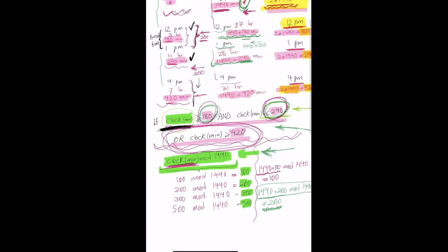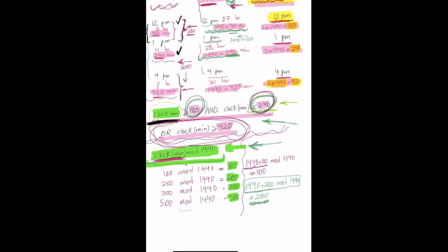So this mod 1440 that I wrote here, this 1440 is equivalent to 24 hours in minutes, right? If I multiply 24 by 60, that's 1440. So this mod function that I wrote here basically says, look at the simulation time and take away whatever complete 24 hours is in it and return whatever is left.